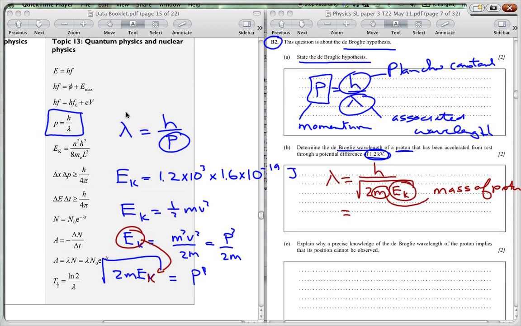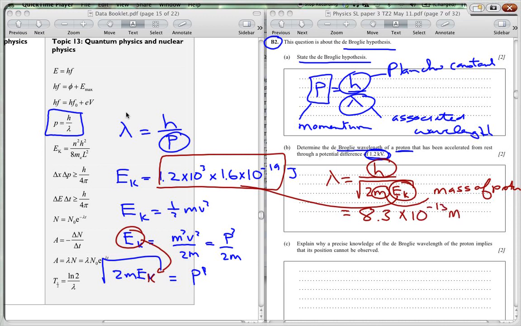That is that value over here, and obviously it's 2, and this is Planck's constant. When you put that all in, you should get 8.3 times 10 to the negative 13 meters.